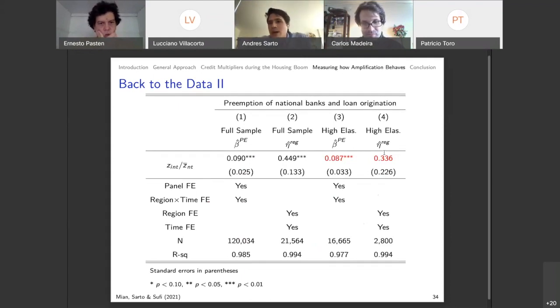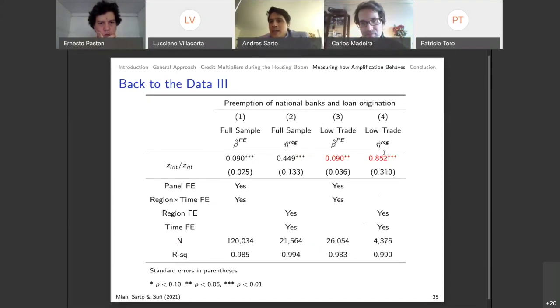So you are going from roughly 9 to 33. So on this margin, not only do we get amplification, which we might be expecting because of the theoretical models in the microfinance literature, it also lines up exactly with what we would expect from a Kiyotaki-Moore style mechanism, right?